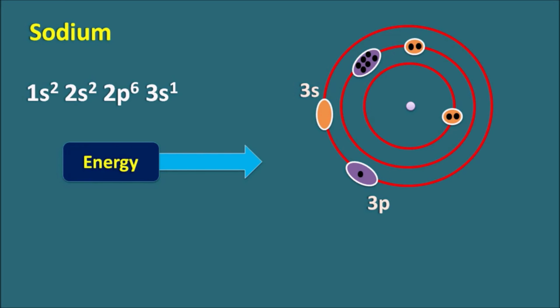But this state is an excited state which is not stable, and when this electron is again coming back from the 3p orbital to the 3s orbital, it will release electromagnetic radiation. This electromagnetic radiation we can observe as a yellow color when the sodium is placed in the flame. So in this way, electronic transitions are responsible for both absorption as well as excitation.